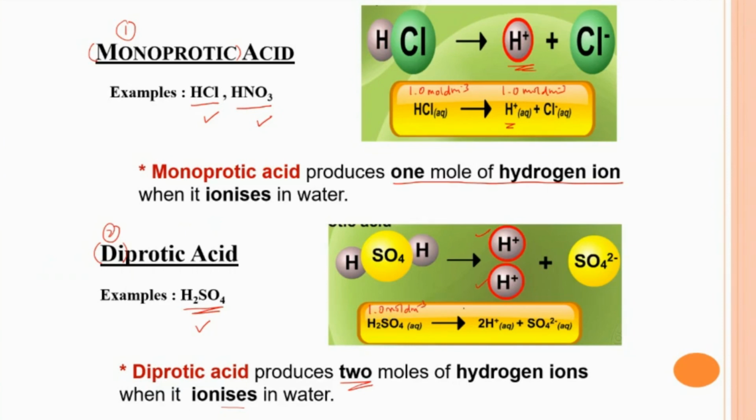When ionized in water, it will be double, 2 moles of hydrogen ions, meaning that this one becomes 2. That's why when it comes to the rate of reaction, a diprotic acid can react faster, because the concentration will be double already. So it will have a higher rate of reaction compared to monoprotic acid.